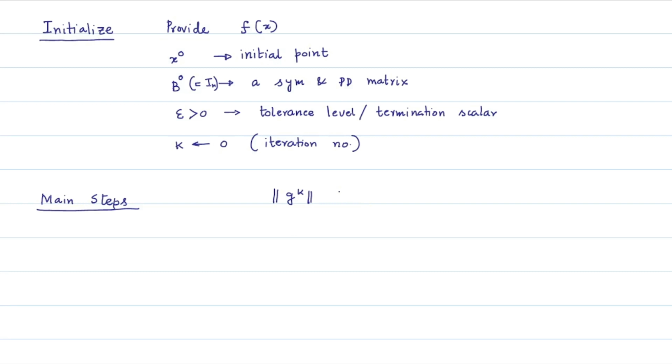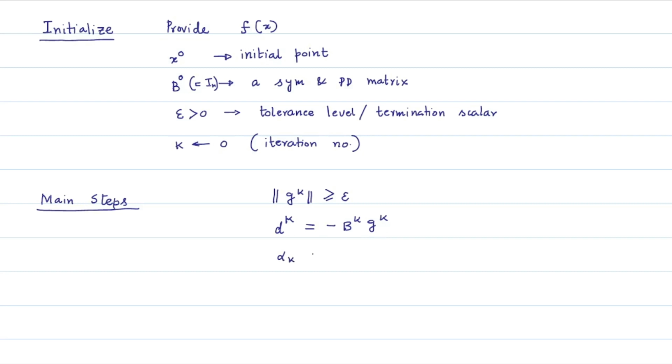If however this norm has a value greater than epsilon, then you go for computing the next iterate x_{k+1}. In computing the next iterate, we have to find the direction of movement d_k. In the quasi-Newton method, it is given by minus B_k times g_k, which we call the deflected gradient.